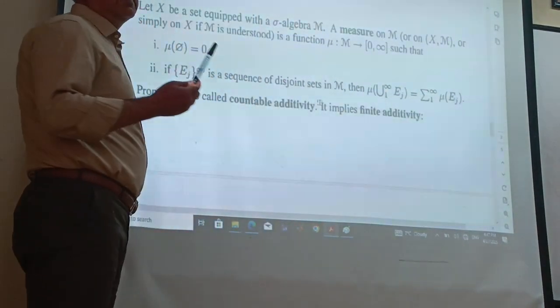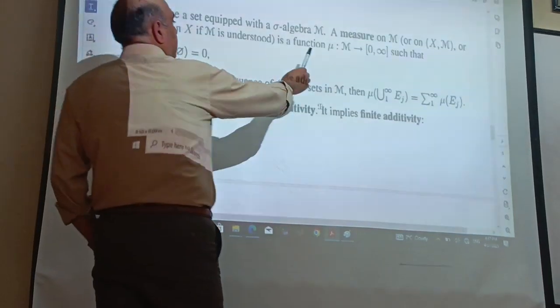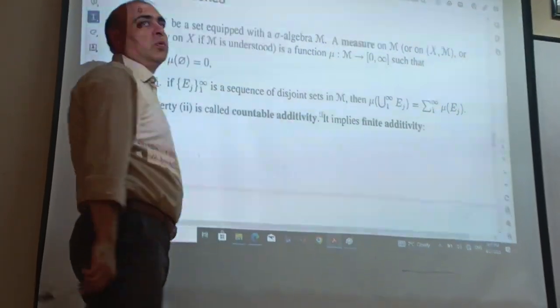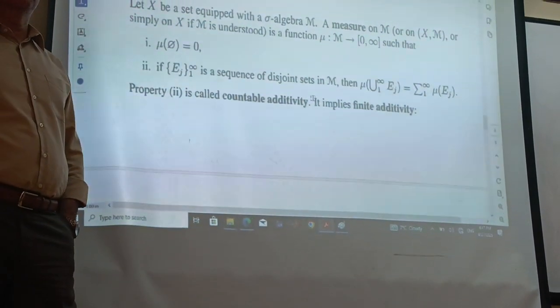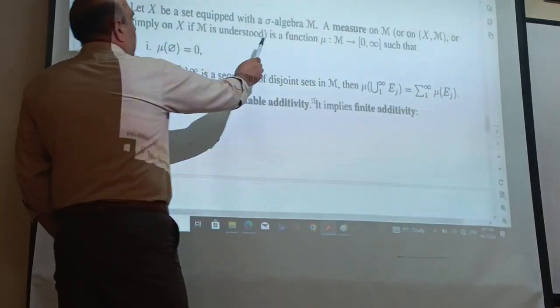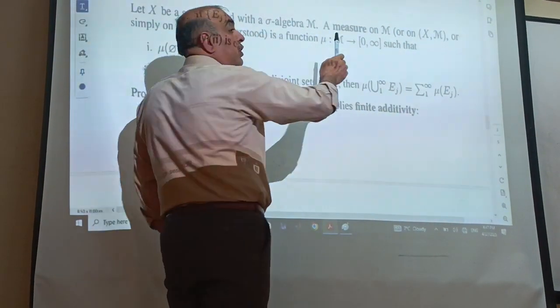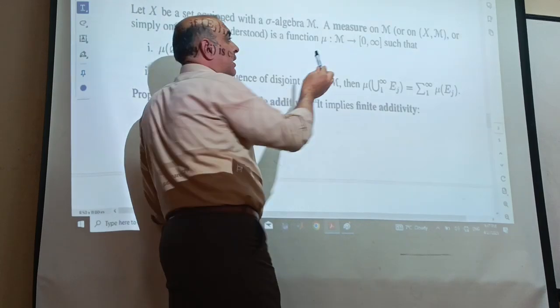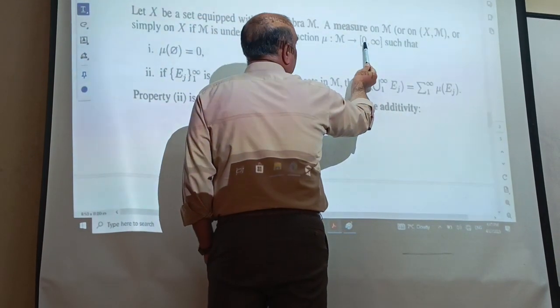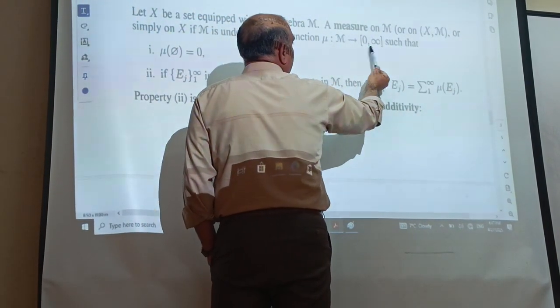A measure is a function, mu, from M to this interval [0, infinity].